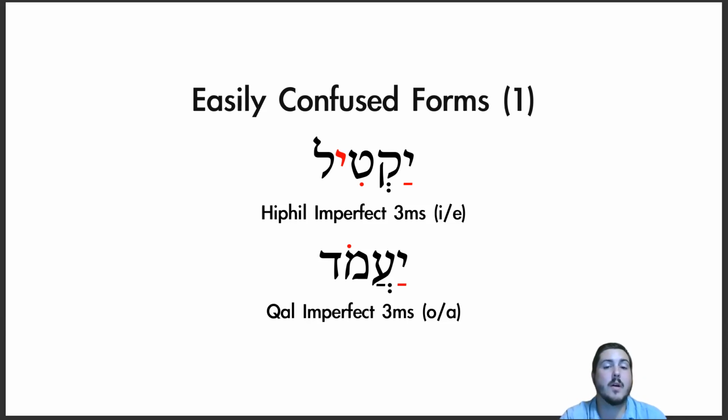What we have to know is, okay, this doesn't have an assimilated nun. We don't see any signs of assimilated nun. We don't see a tsere or a hireq yod as the stem vowel. We do have a cholam. We've got a formative yod, and we've got a cholam. Has to be a Qal. Okay, you start having to become a detective a little bit.